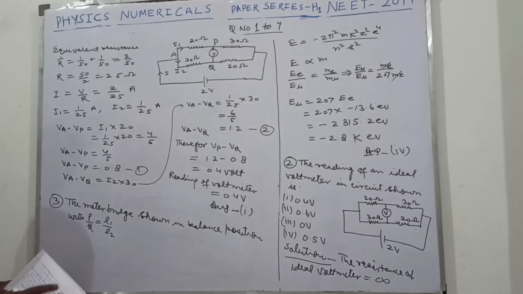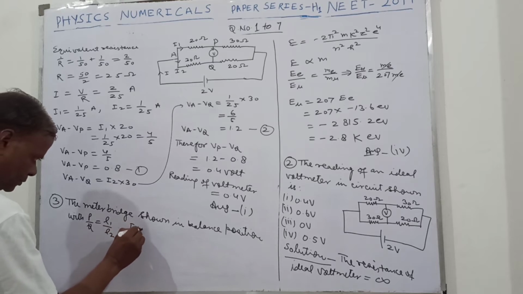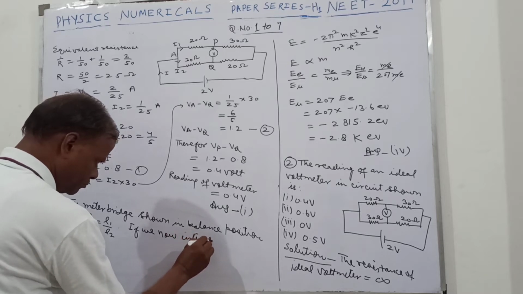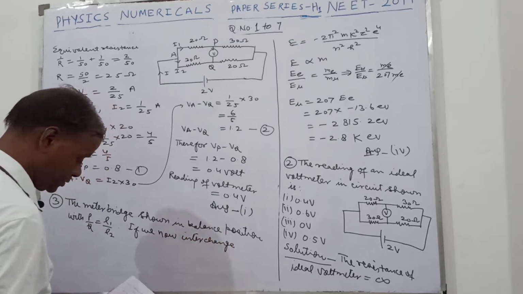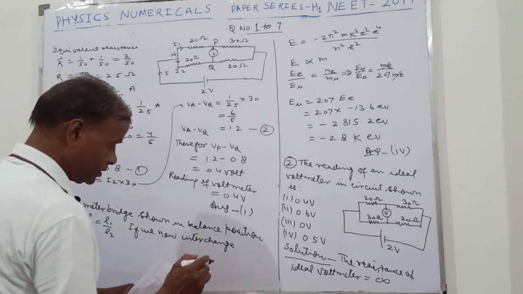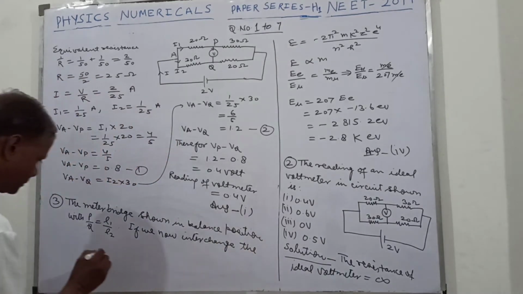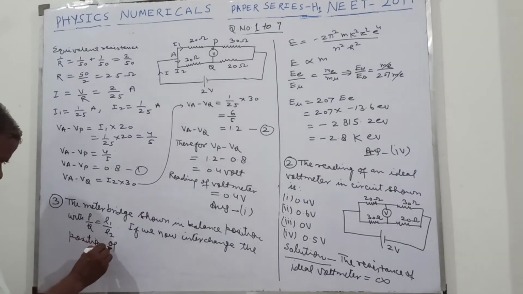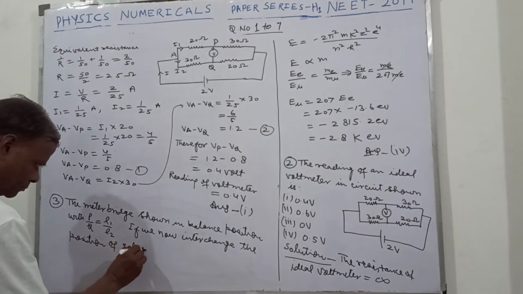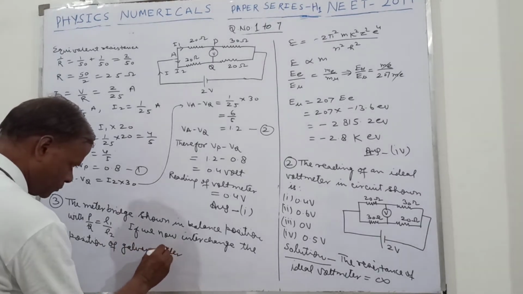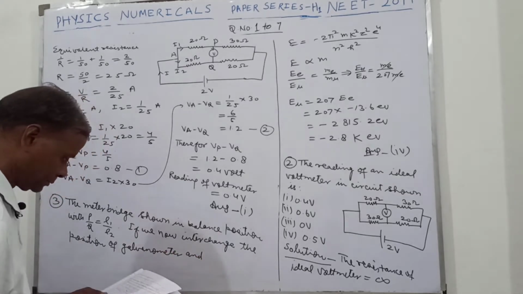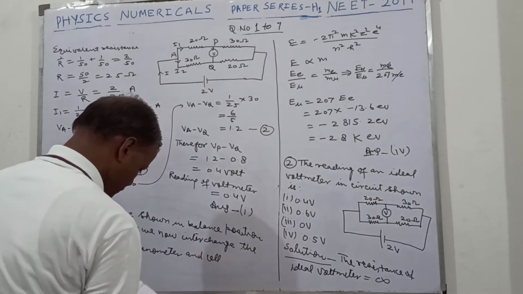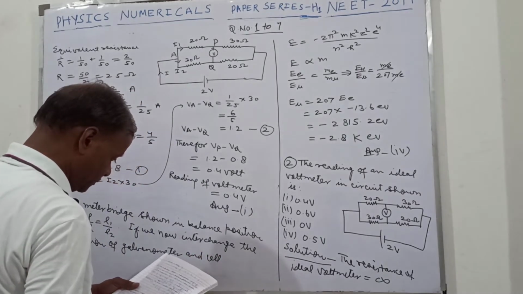If we now interchange the position of galvanometer and cell, will the bridge work?